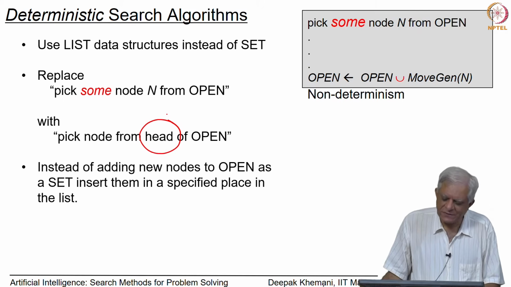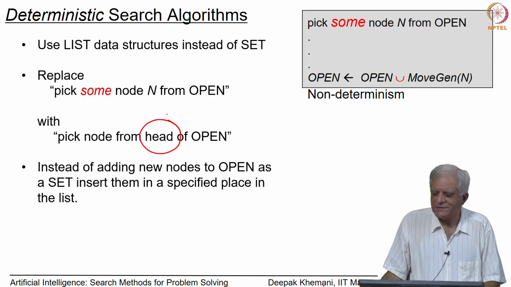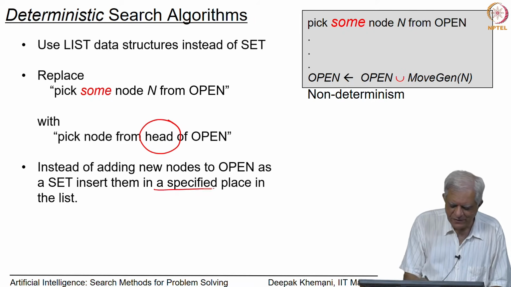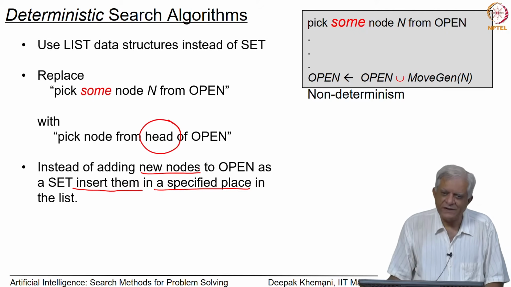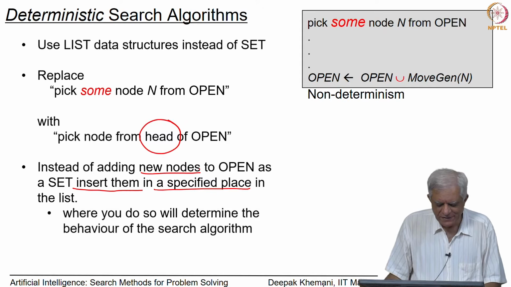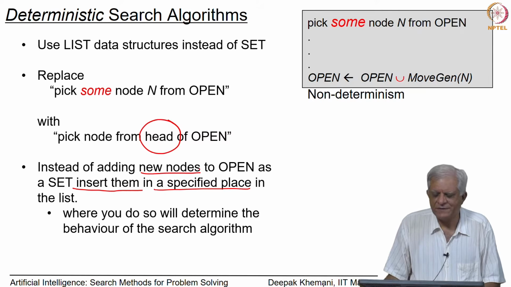The second part, which said that you simply treat open as a set and add the new nodes to open, we will now, since we are treating it as a list, specify where to add the new nodes essentially, insert the new nodes into a well defined location, and based on where we specify, the behavior of the search algorithm will be influenced by that.